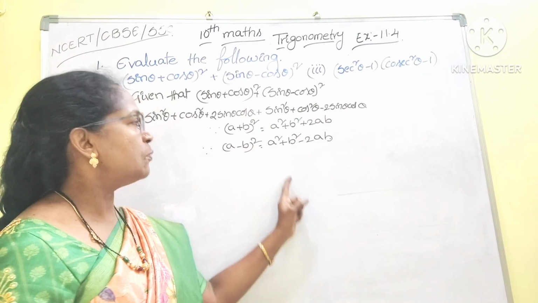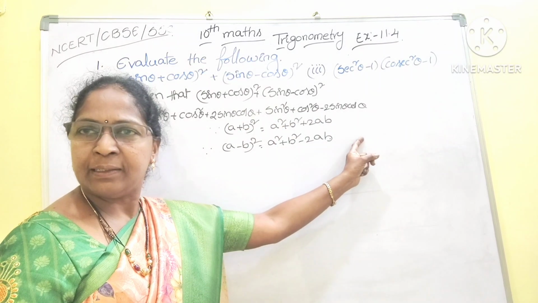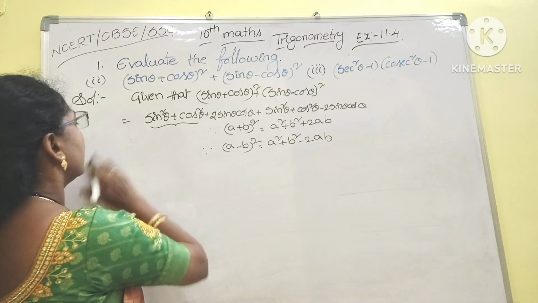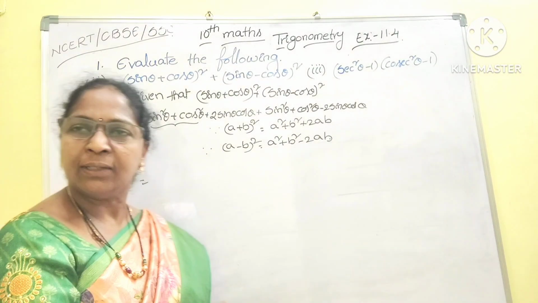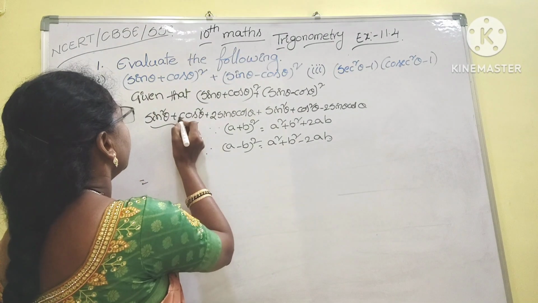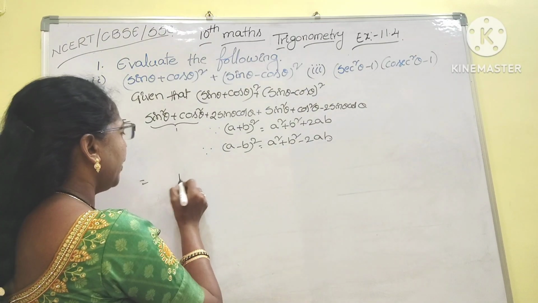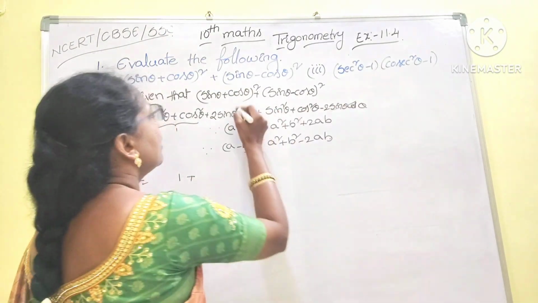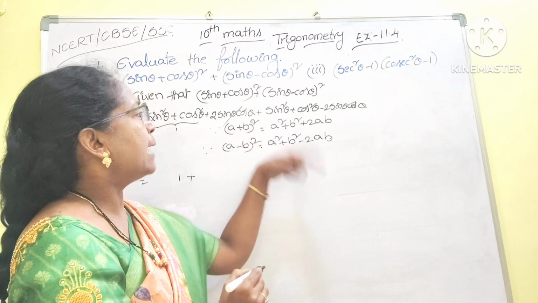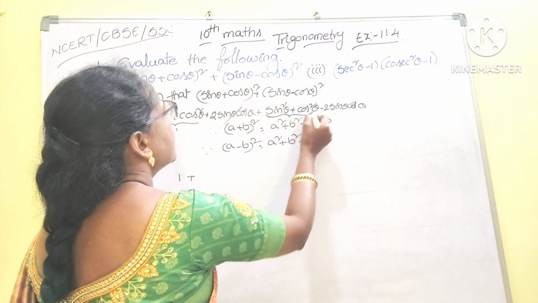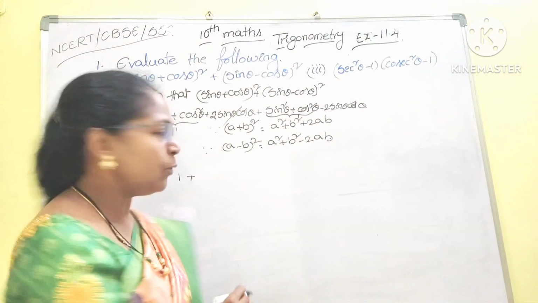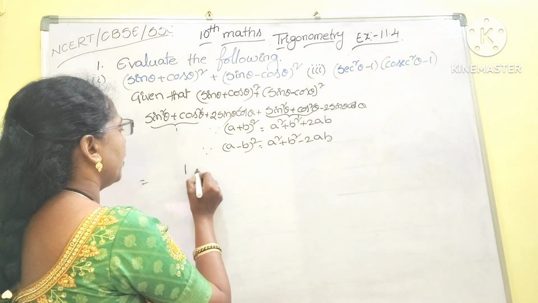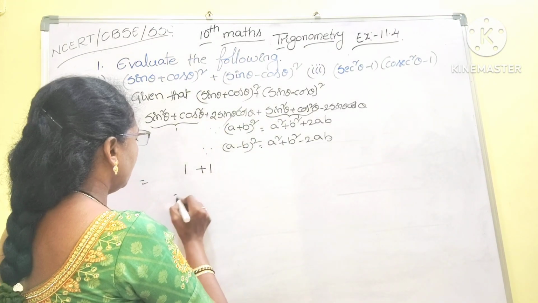According to these two formulas, we have expanded these two terms. Now sin square theta plus cos square theta equal to 1. That is one of the trigonometric identities. So here instead of this we can write 1 plus 2 sin theta cos theta minus 2 sin theta cos theta. Simply you can cancel the terms. And here also sin square theta plus cos square theta equal to 1. Where 1 plus 1 equal to 2.